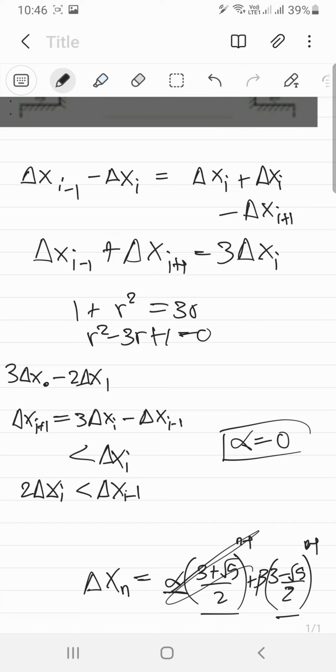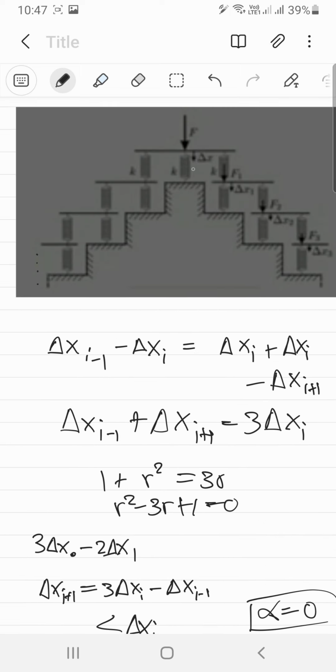Anyway, what we actually need to find is delta x_0 and all that stuff. So does this recursion also work for delta x_0? No, it only works for these platforms. What about this platform? For this platform you will have this capital F force on this thing, so that's why it's not in delta x values.